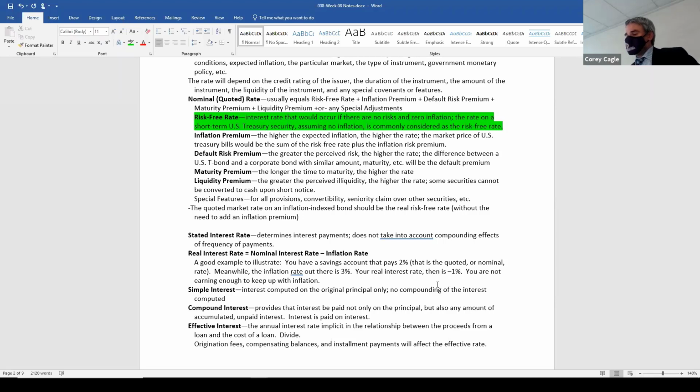It is our interest payments. So the face value of the bond times whatever that stated rate is means you're getting a check for this amount. The market rate may be different from the stated rate. So that's where a bond selling for a discount or a premium comes into play, so that they can achieve a return different from that stated rate.